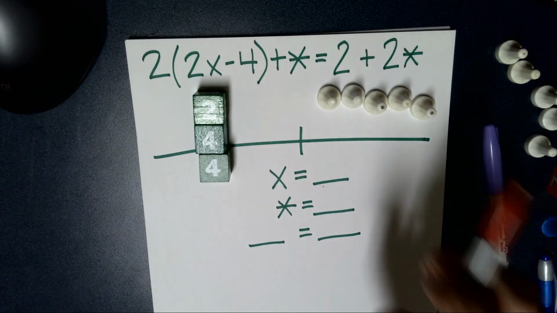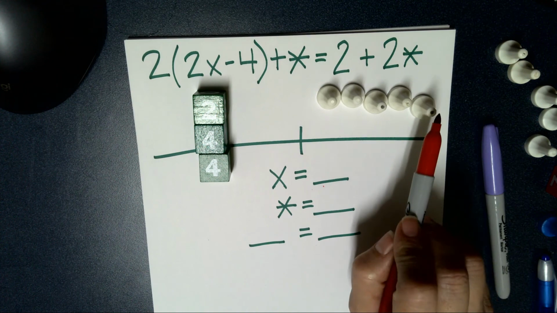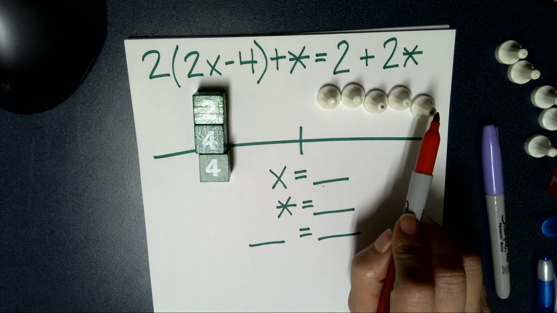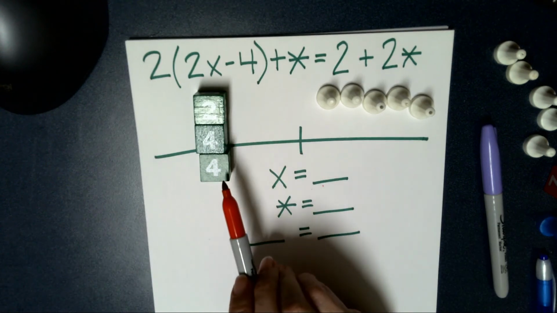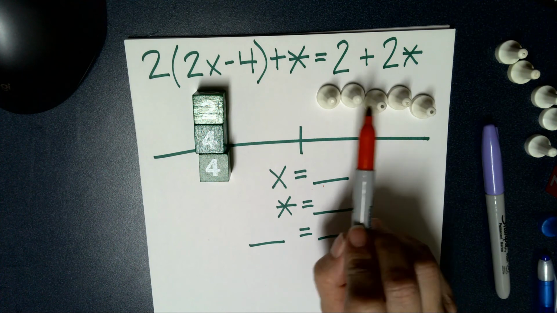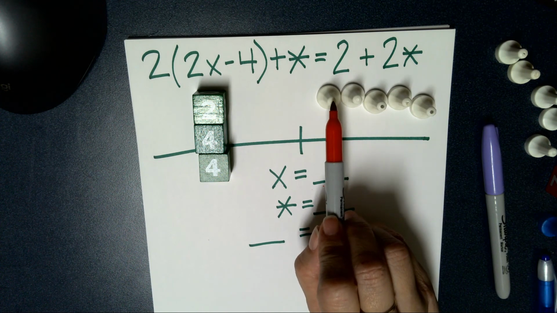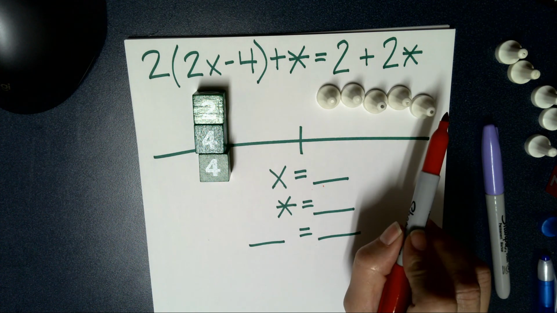So if 5 stars equals the opposite of 10, let's see, if we plug in 1, 1, 2, 3, 4, 5, well, that's not the opposite, that's not a negative. So let's try negative 1. So negative 1, negative 2, negative 3, negative 4, negative 5. Well, now we have a negative, so we know we're on the right track. So let's try negative 2.